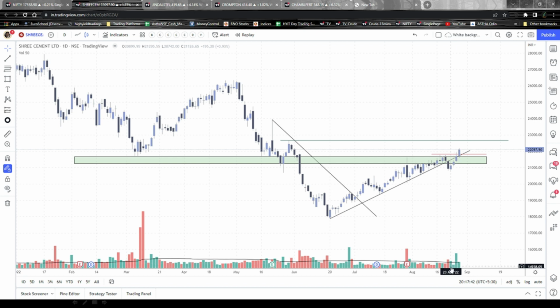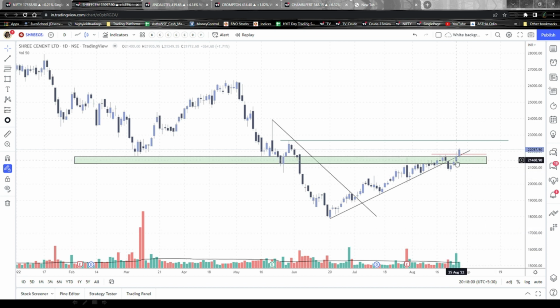In Shree Cement as well, we had a breakthrough in the volume on 25th of August as well as 26th of August. That qualifies this stock as having big volume.